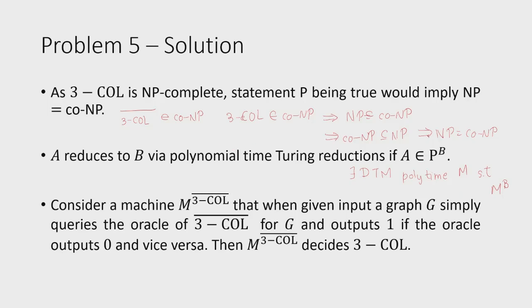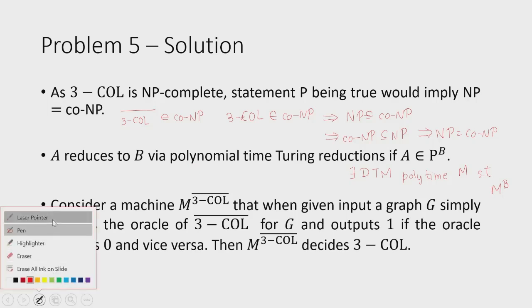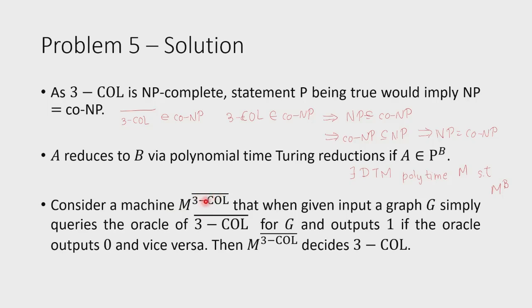Now we'll construct a Turing machine M with oracle access to the complement of 3-colorability, which decides the 3-colorability language. Consider a machine M^(complement of 3-colorability) that, when given as input a graph G, simply queries the oracle for G and outputs 1 if the oracle outputs 0 and vice versa.